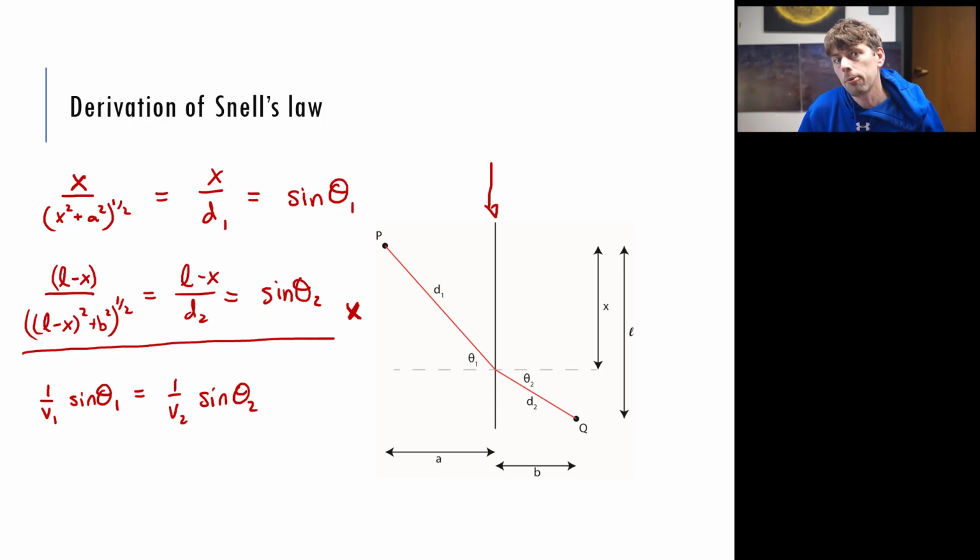But in practice, when we're talking about the speed of light through different materials, rather than talking about v, the speed in material 1, the speed in material 2, usually we use a different notation. And this is where we come up with the phrase, the index of refraction.